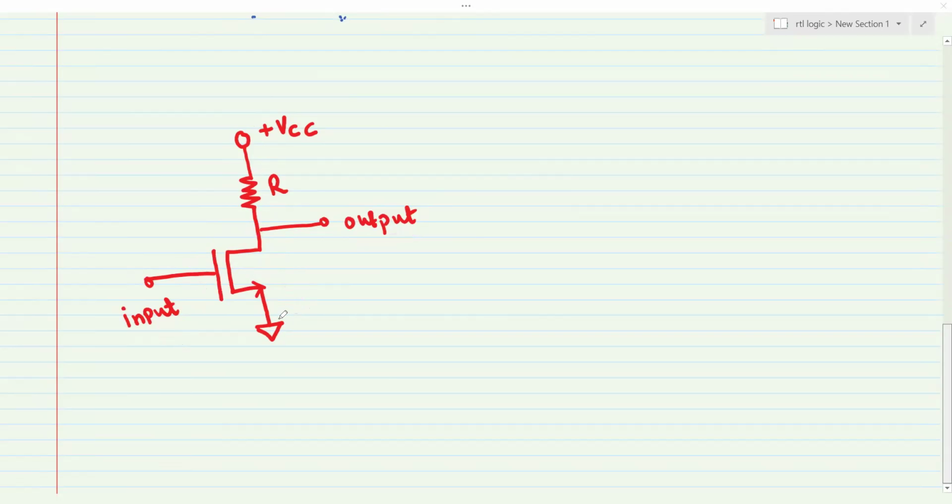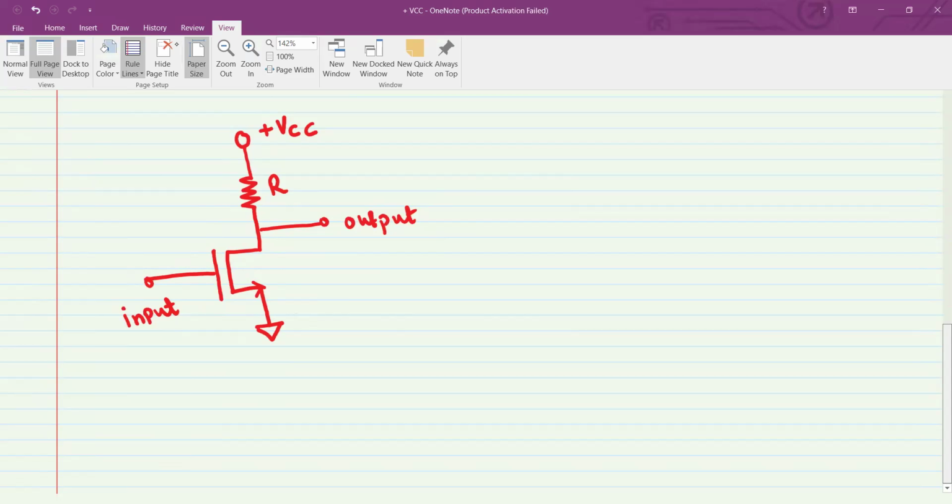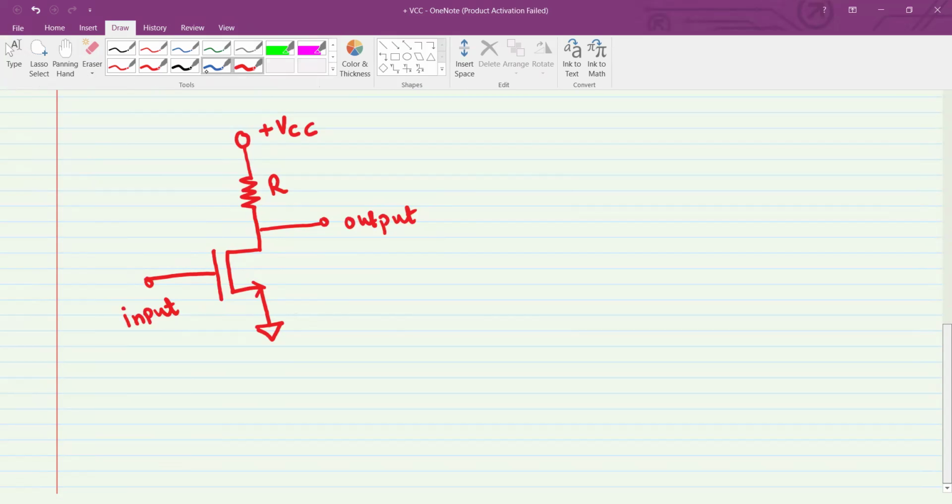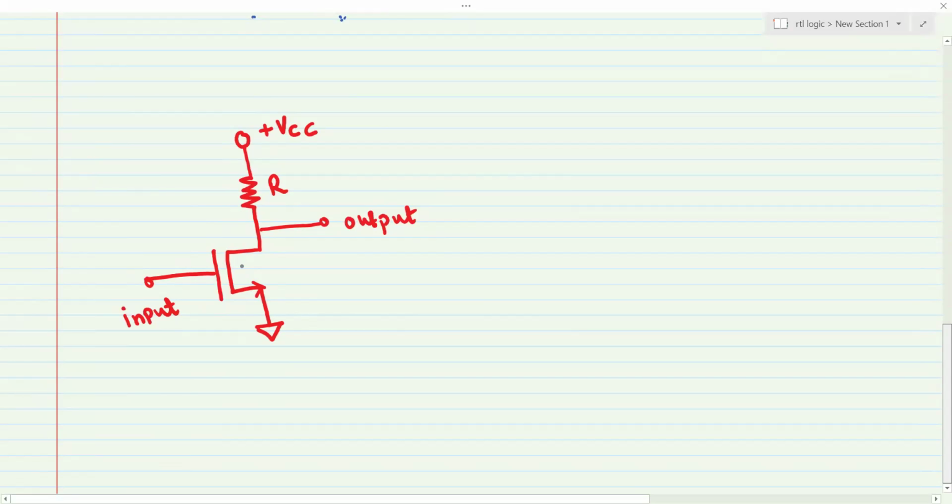Now, if you want to use this particular transistor as a switch or a digital logic, we see how you can use it. To do that, we have to apply a logic level to the input, and see what we get at the output.